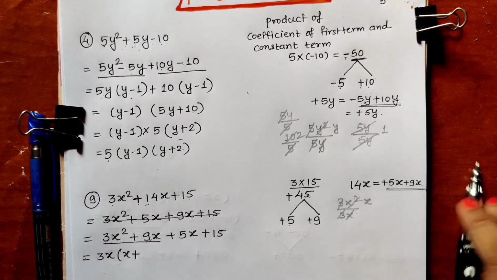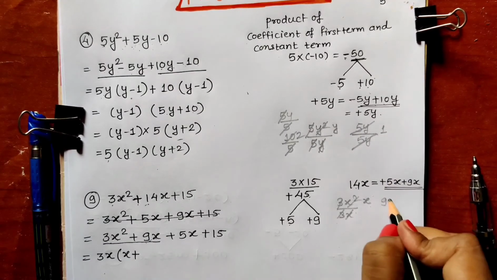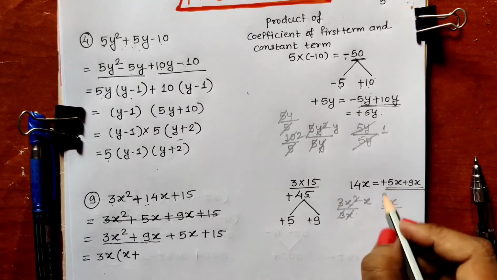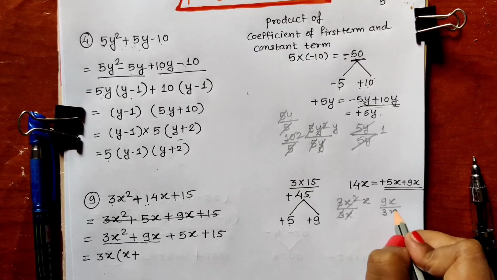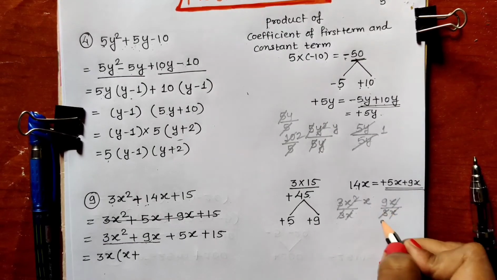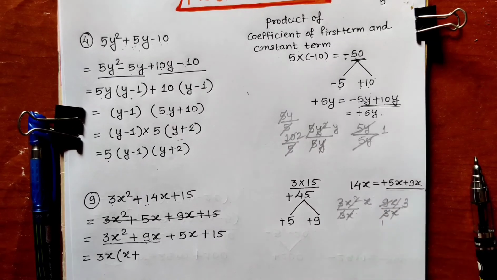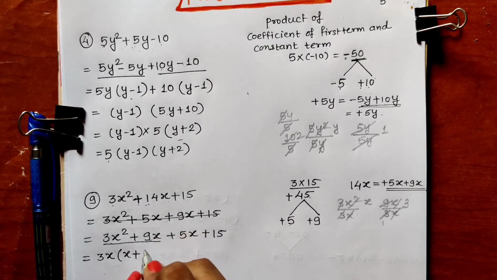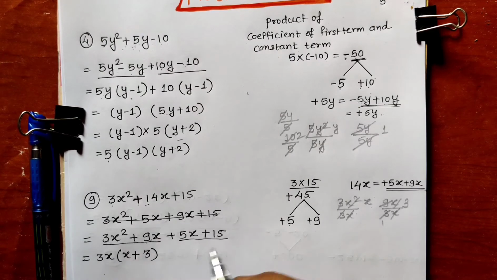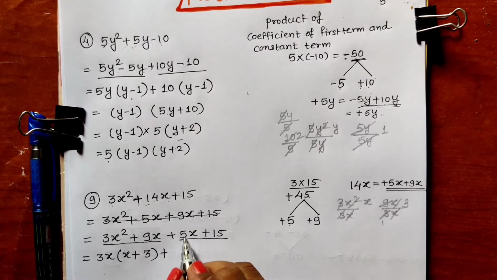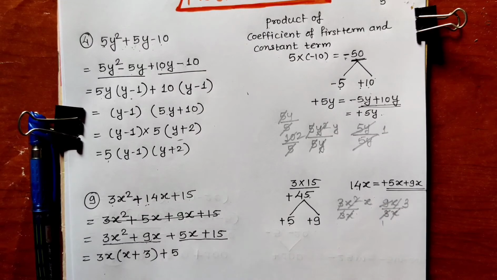Plus sign is there. From 9x, when you take out 3x common, x cancels. 3 ones are 3, 3 threes are 9. We get 3 as the answer, which should be written in the bracket. Then from the second and third term, we can see that 5 is common. So I write 5.